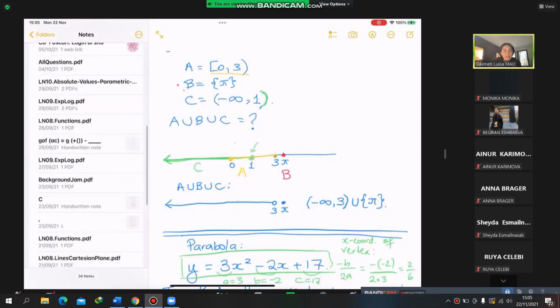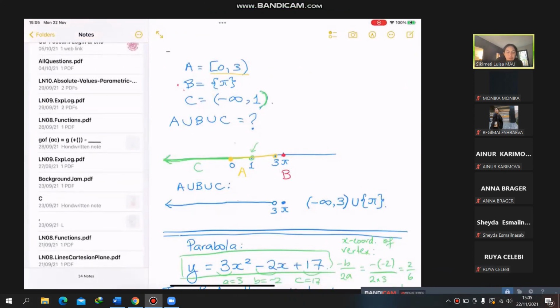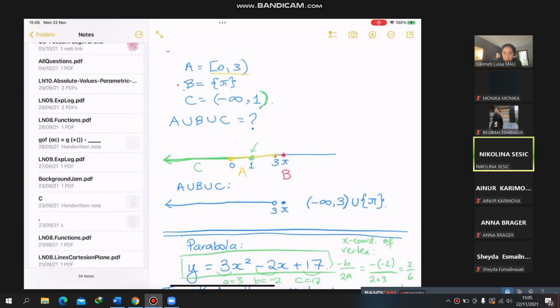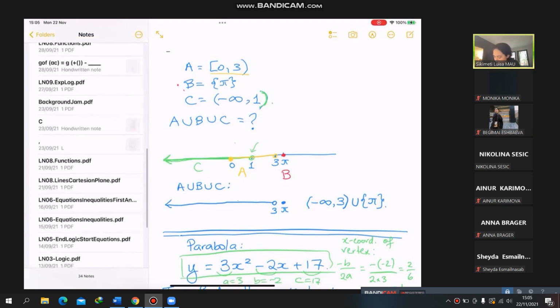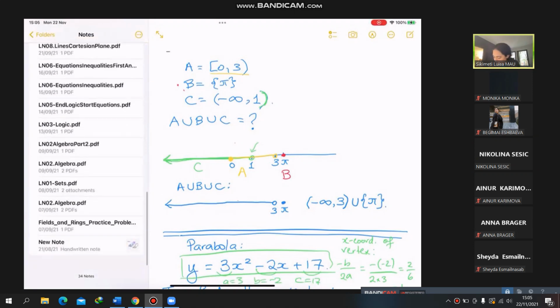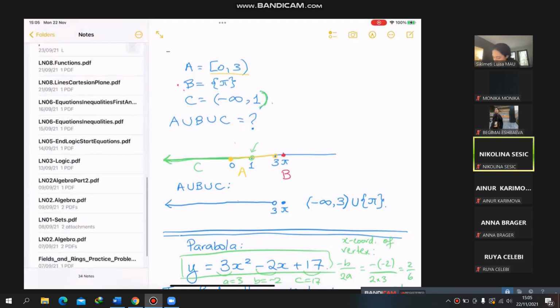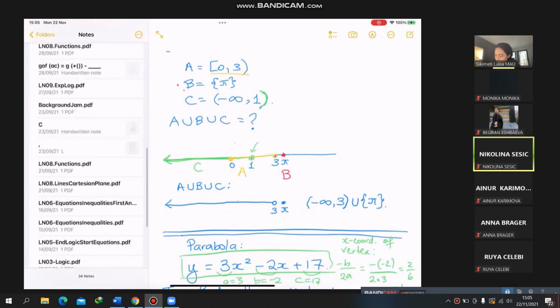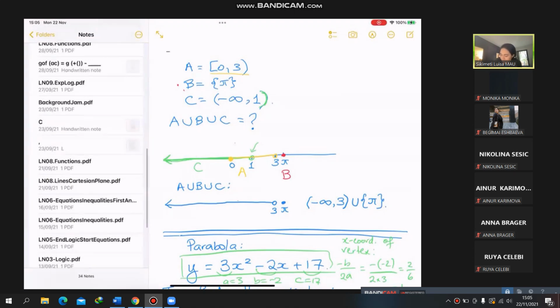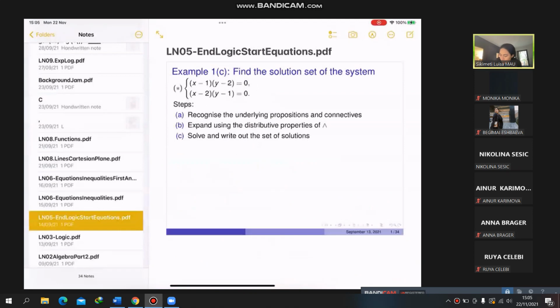Okay. Do you remember the name of the lesson? Linear equations. So like lines, Cartesian plane, that one, or equations and inequalities, or maybe it was this one here.